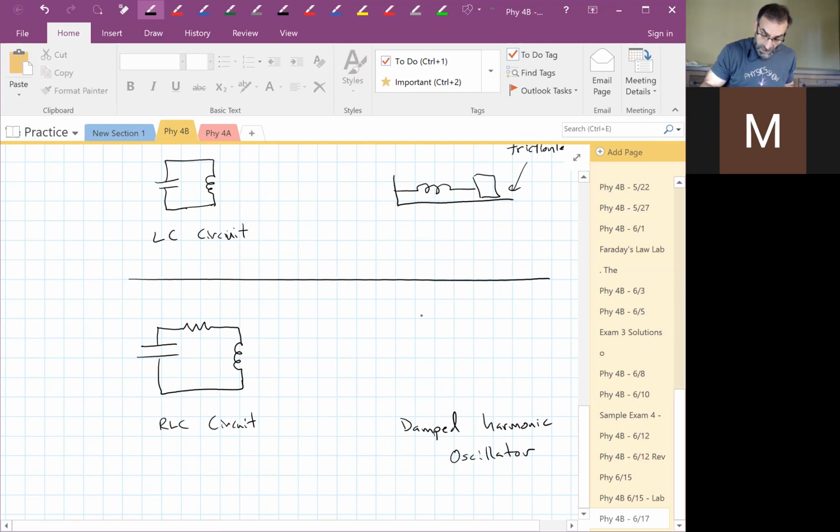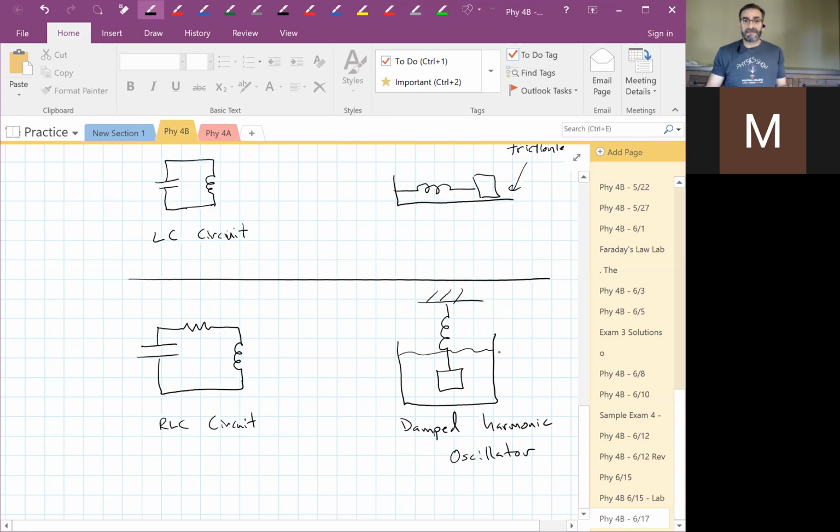So something like the one above it with friction. All we have to do is add friction in there, and that would be the same thing. Or if we want to make it a little more obvious, something like this: a mass on a spring in a beaker of water. That would be obvious that that's damped. That's like taking air resistance to the extreme. Lots of resistance as that moves up and down in that fluid.